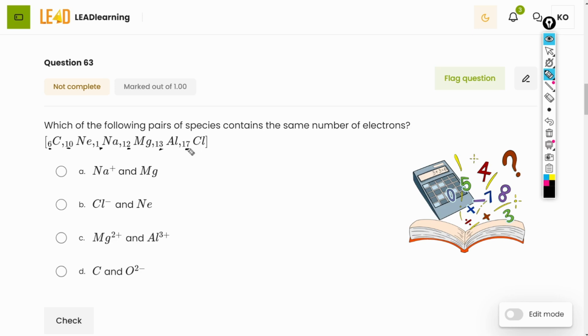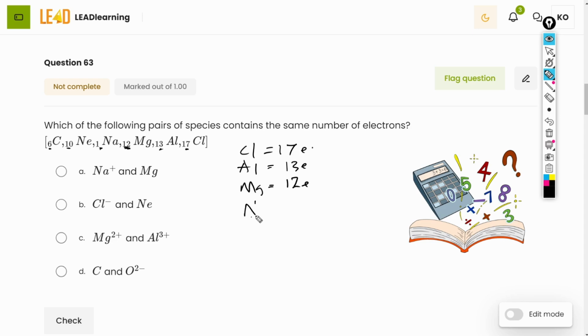So chlorine has 17 protons. That means it has 17 electrons as well. Aluminum has 13 protons. That means it has 13 electrons. Magnesium has 12 protons. That means it has 12 electrons as well.